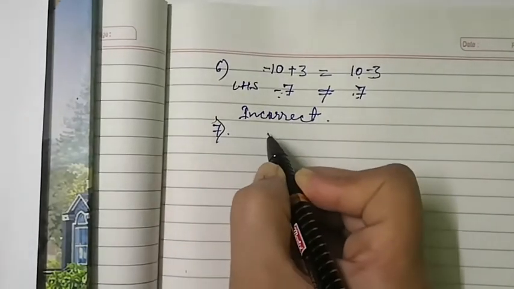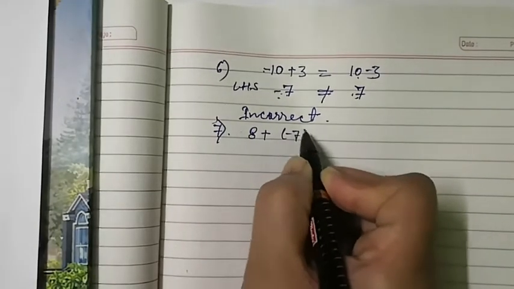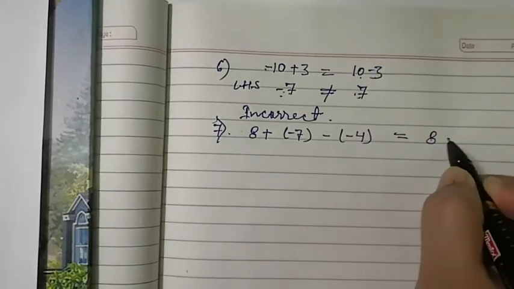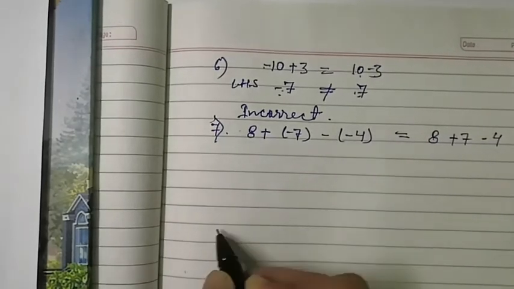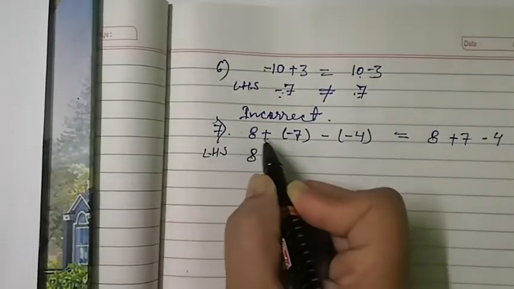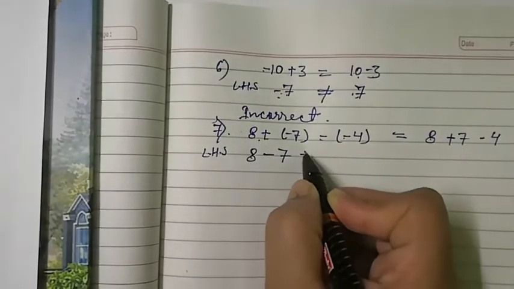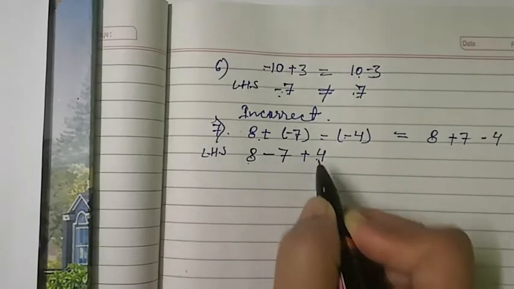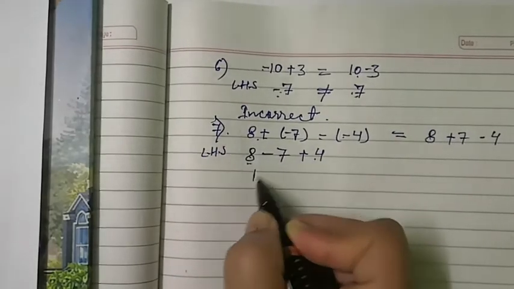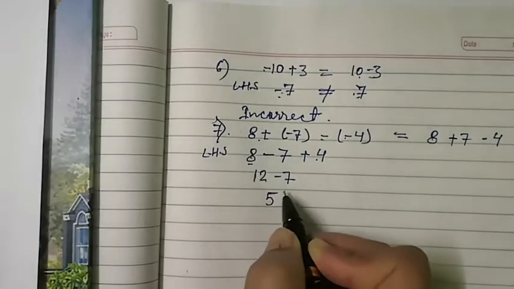Now 7, 8 plus minus 7 minus 4 is equal to 8 plus 7 minus 4. Take LHS first. 8 plus minus will be minus, 7 minus will be plus 4. 8 plus 4, we add the positive numbers. First of all, 8 plus 4 we get 12, minus 7, then we get 5.